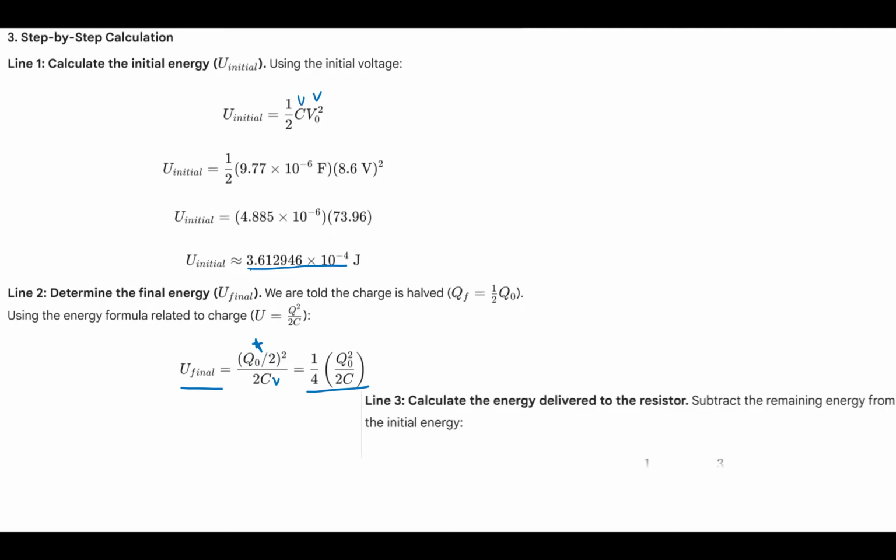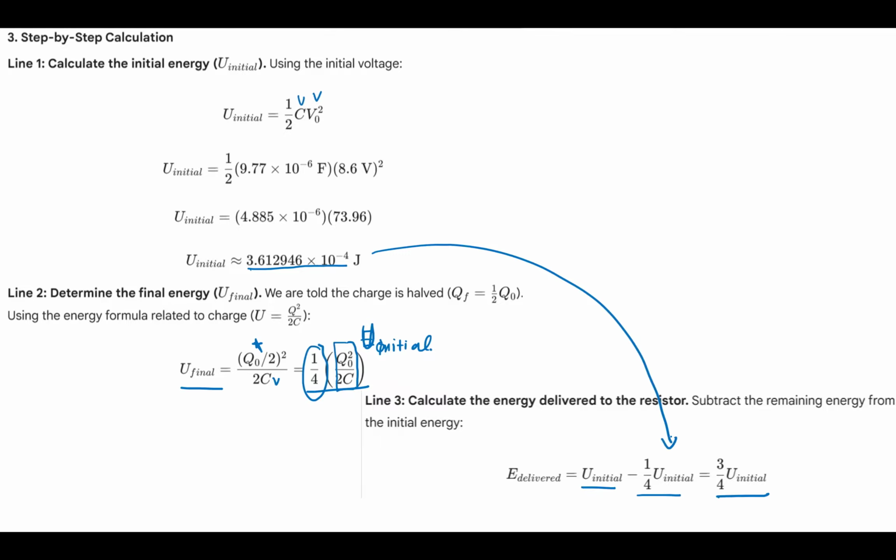So that E delivered is given by U initial minus one fourth of the initial, so that it is this one, and then the initial is given. Then you can find out the energy dissipated by the resistor.